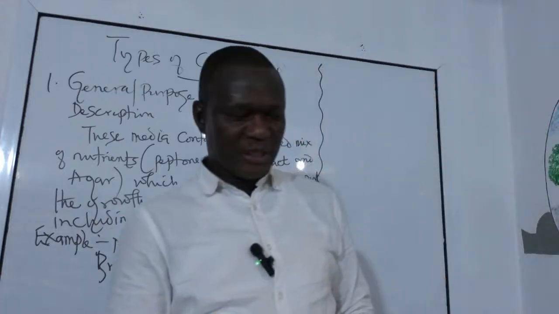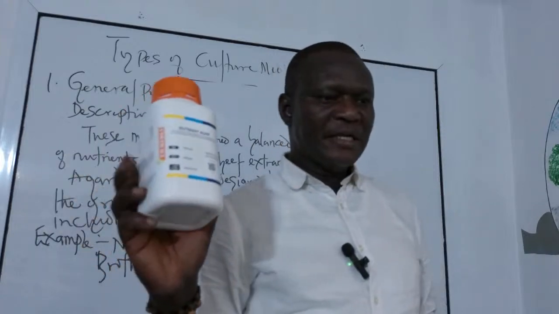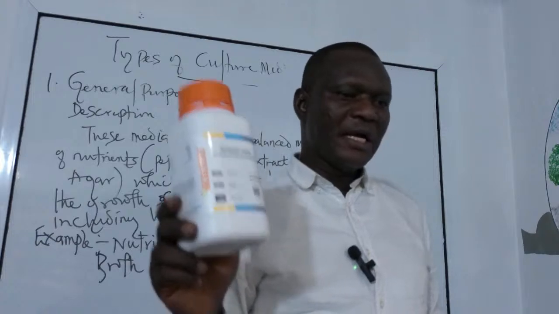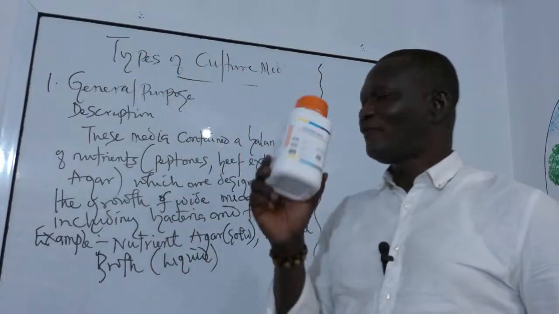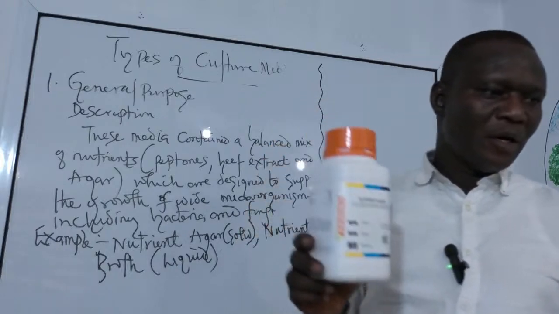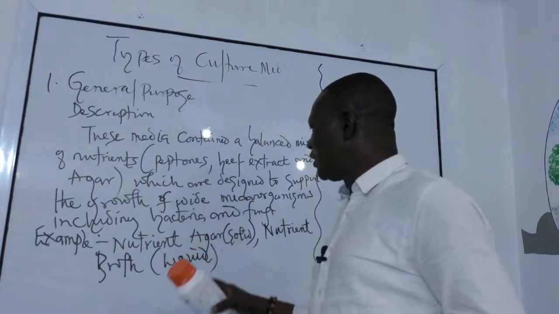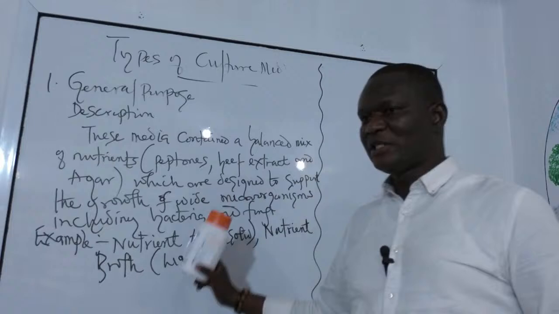So this is an example. This is a nutrient agar. It's a general purpose agar that is used to grow fastidious and non-fastidious microorganisms, including but not limited to fungi and bacteria. I've given you examples of this.